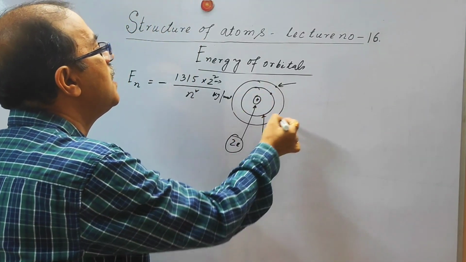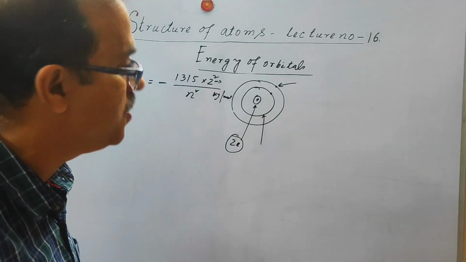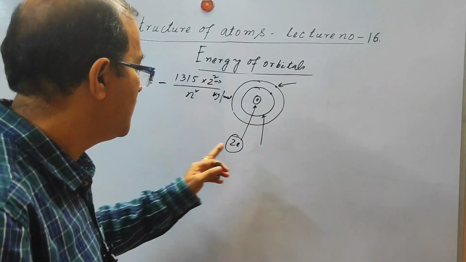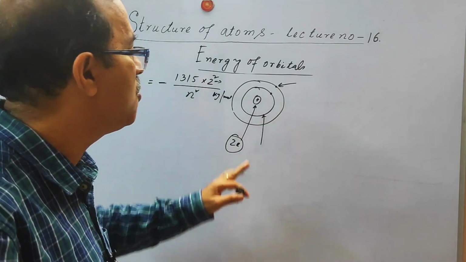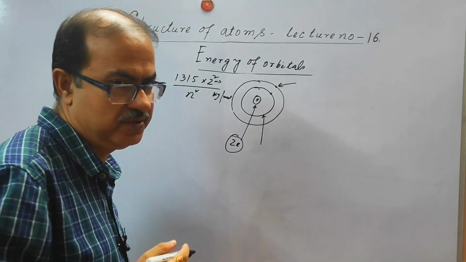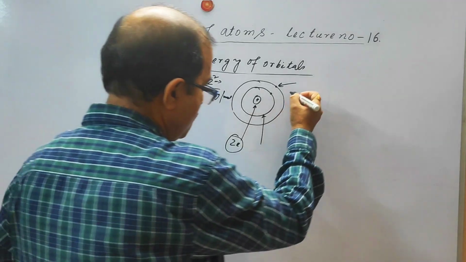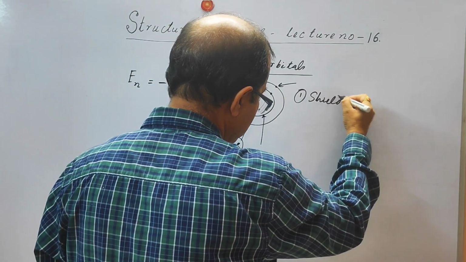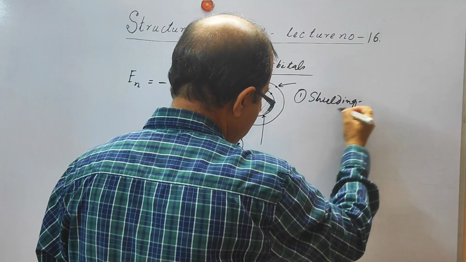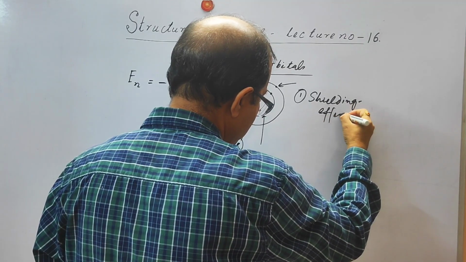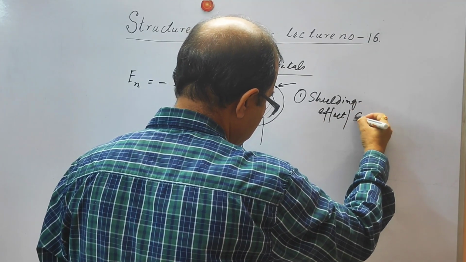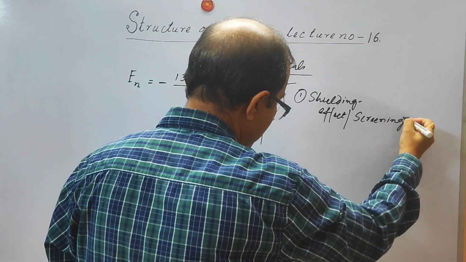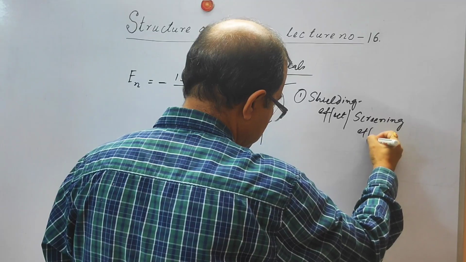The outside shell electron will not experience the same charge, Ze, because of the shielding effect, which is also called the screening effect.